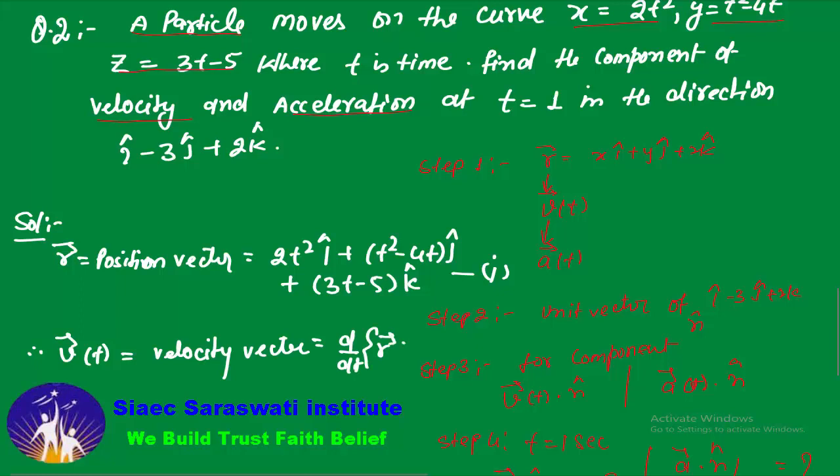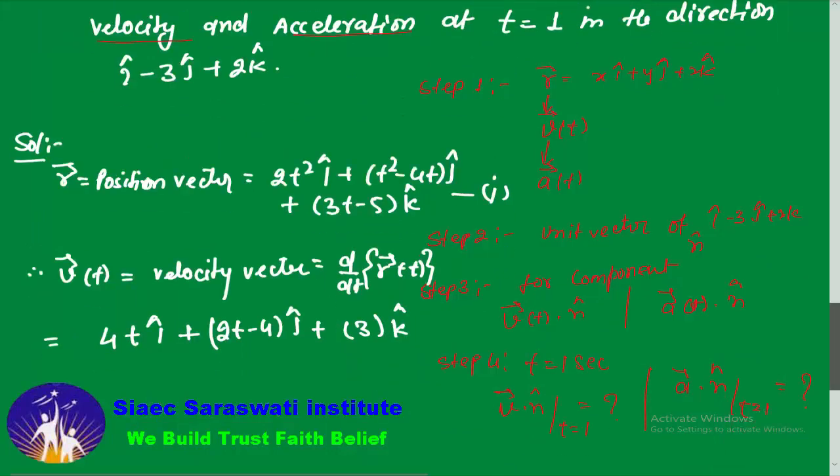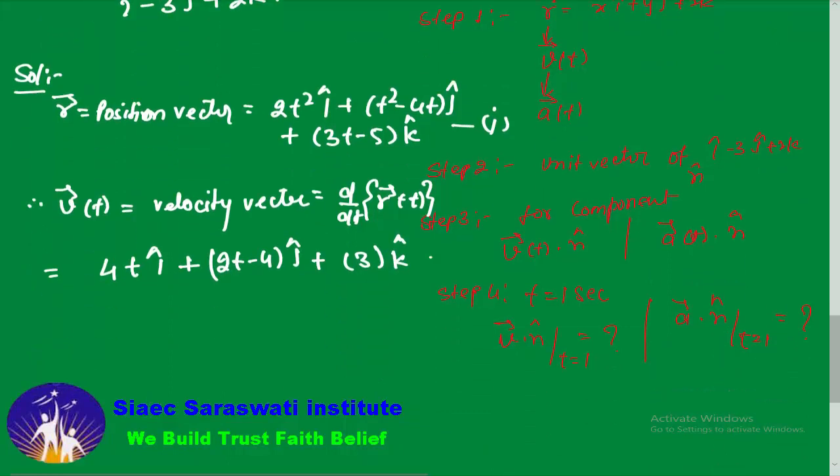So it will be 4t i plus 2t minus 4 j cap plus 3 k cap. So this is the velocity. Okay, so this is the equation number 2.